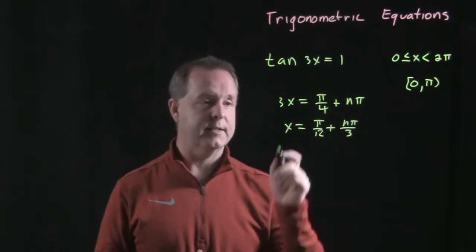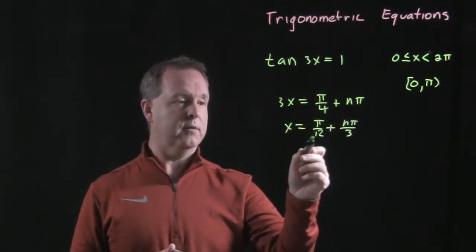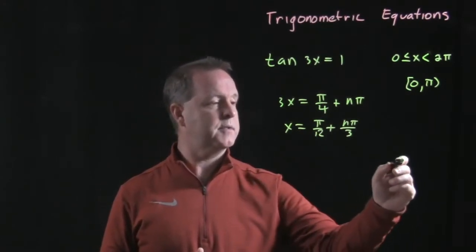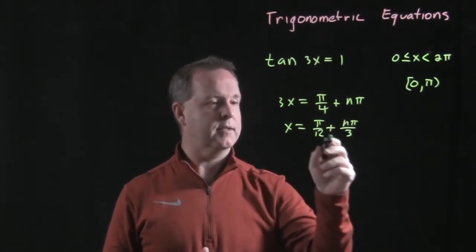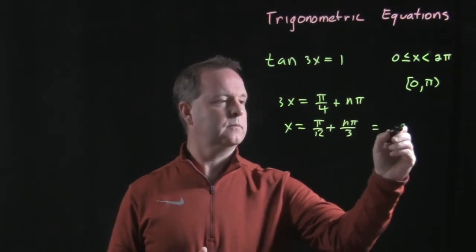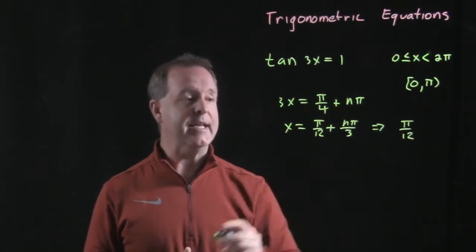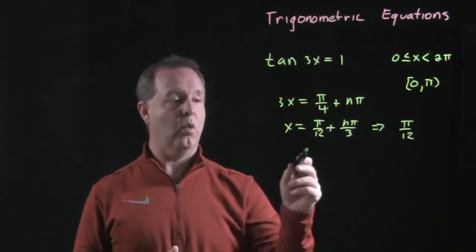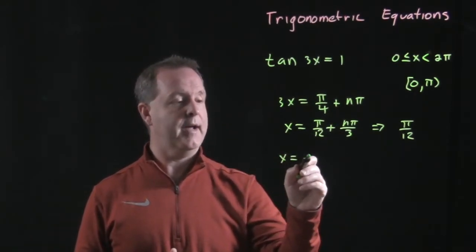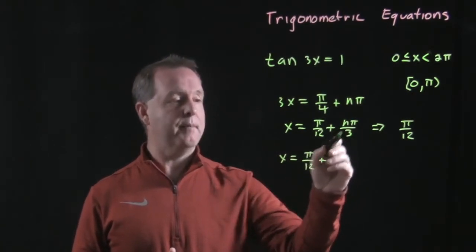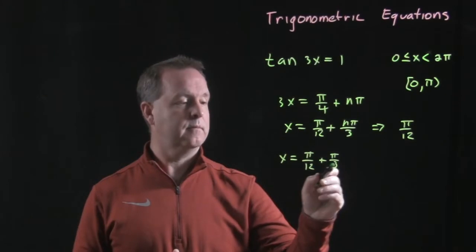If n equals 0, our first value is pi twelfths. That's at n equals 0. If n equals 1, then I have a solution of x equals pi twelfths plus 1 pi over 3, pi thirds.